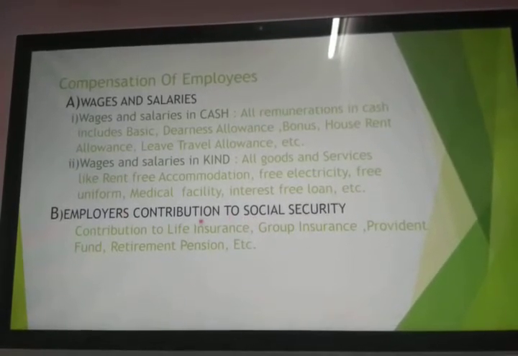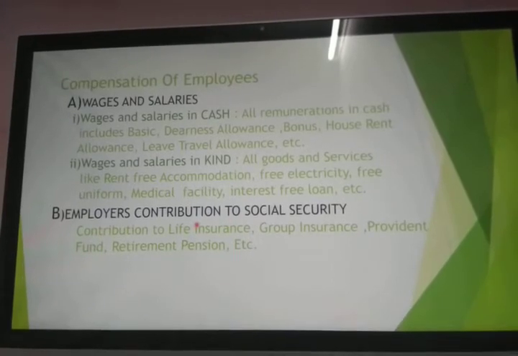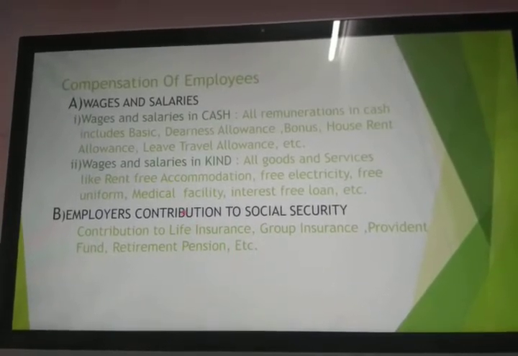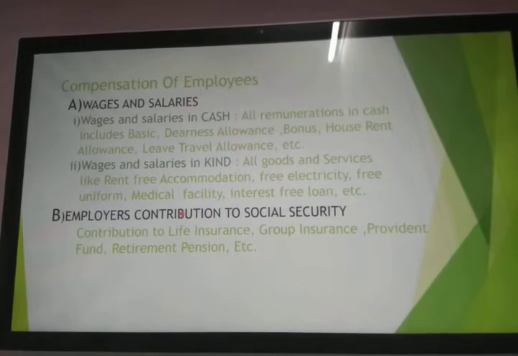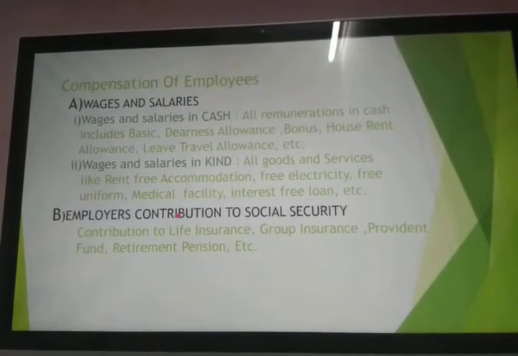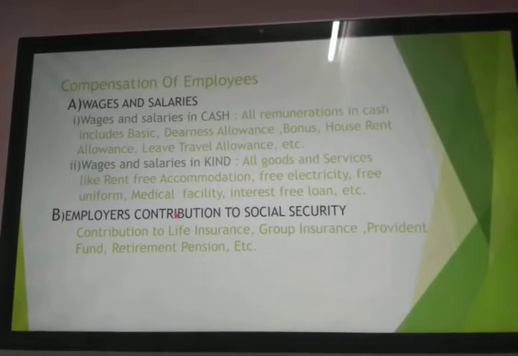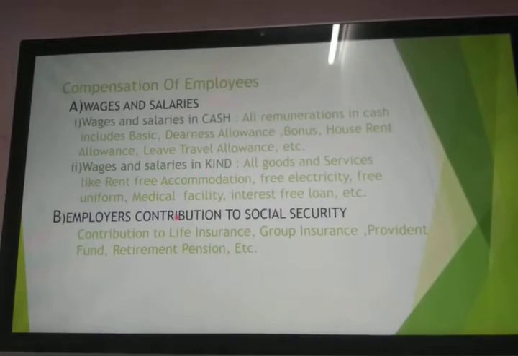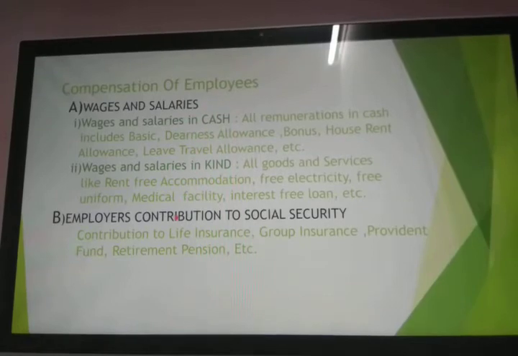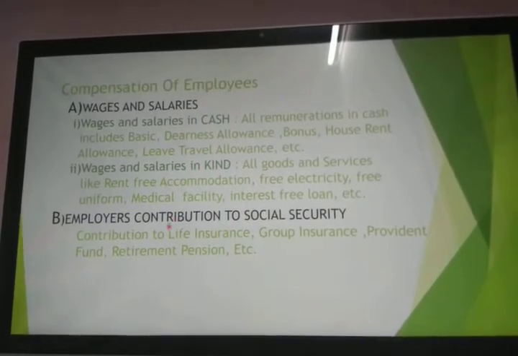So this is another heading which is actually not received by the worker while they are working. They are received when they are not able to work, maybe due to some accident, maybe due to some disease or some kind of other health problems, or maybe due to the age factor, that is after the retirement.